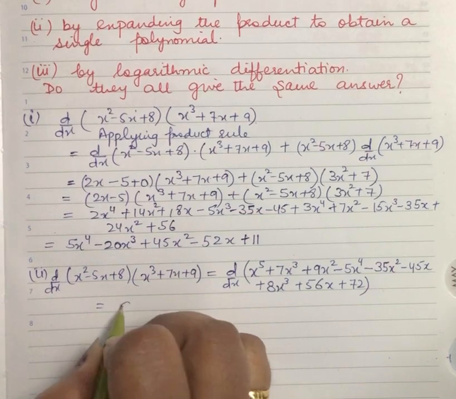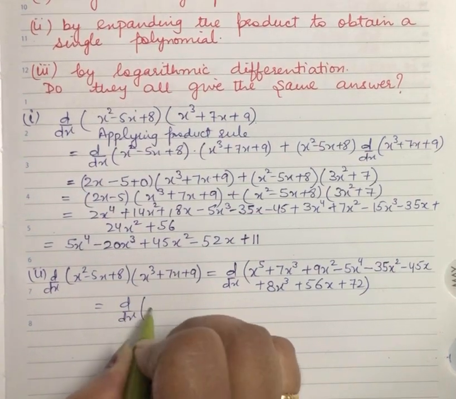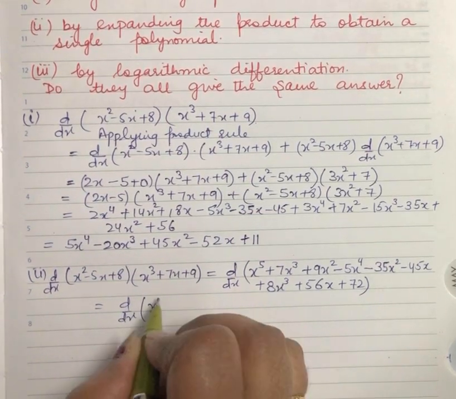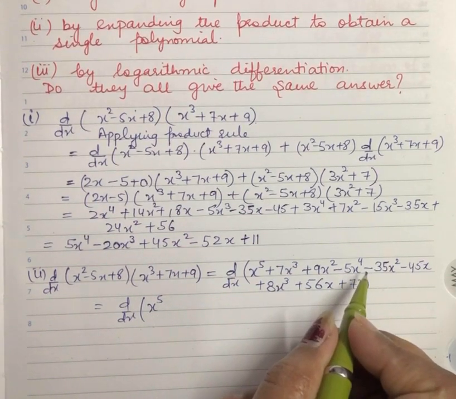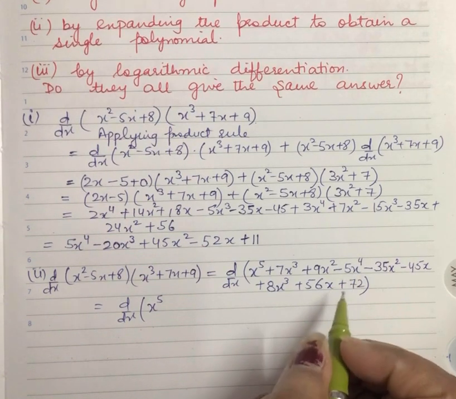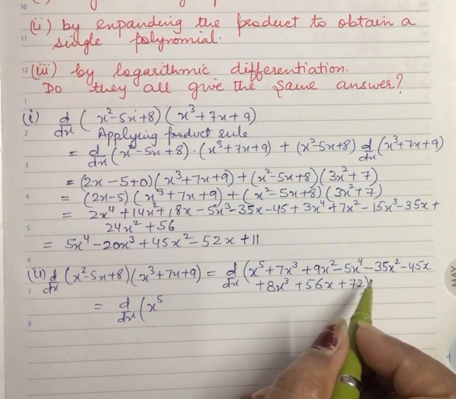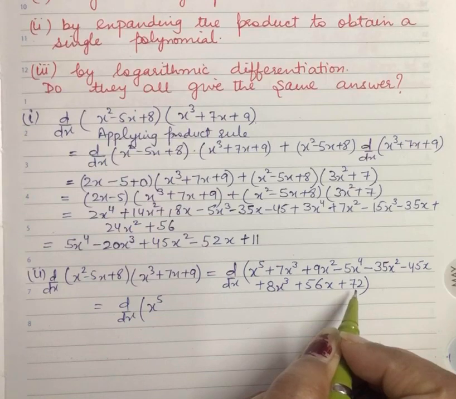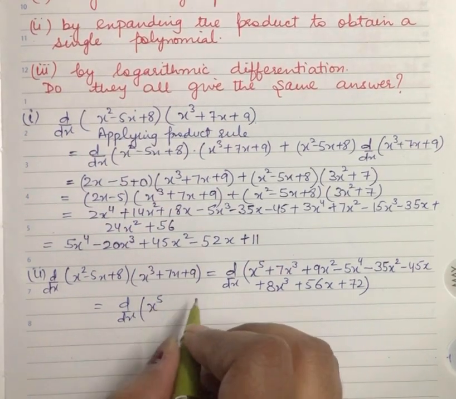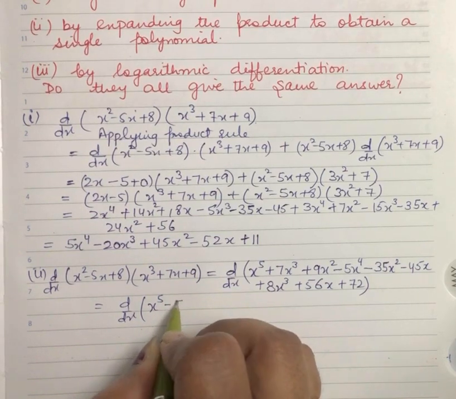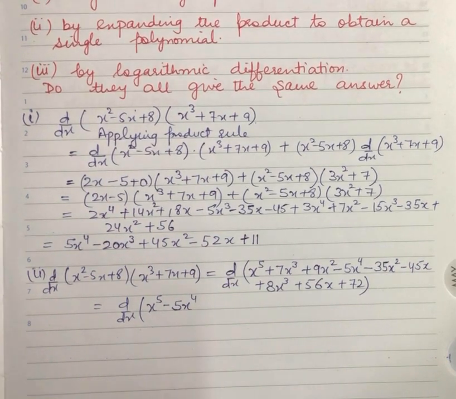So it becomes x to the power 5, then minus 5x to the power 4.